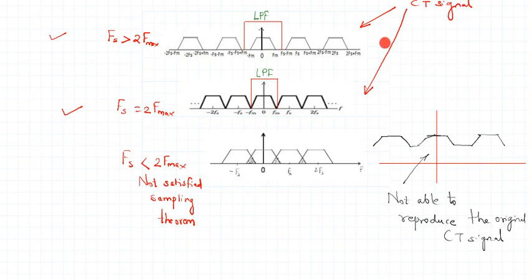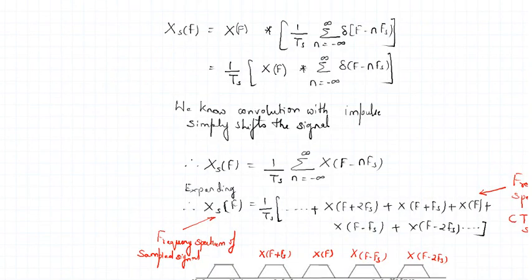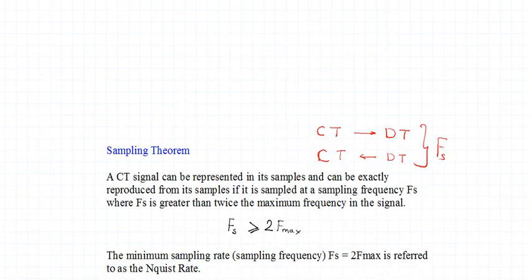So let me go back and revisit the sampling theorem statement. What was the sampling theorem statement? The sampling theorem states that we are able to represent a CT signal in the form of its samples, and this is very important.